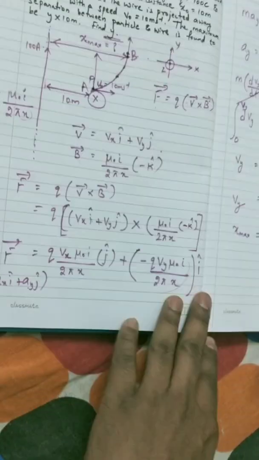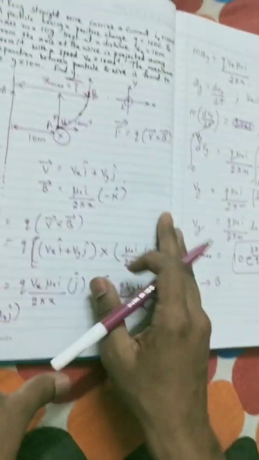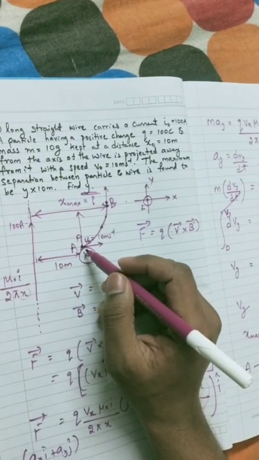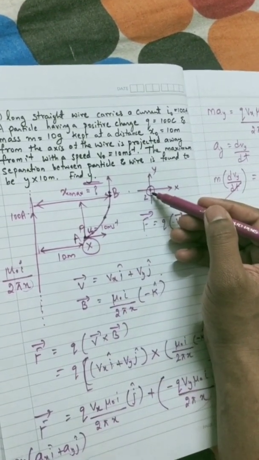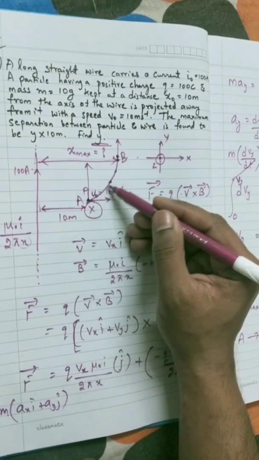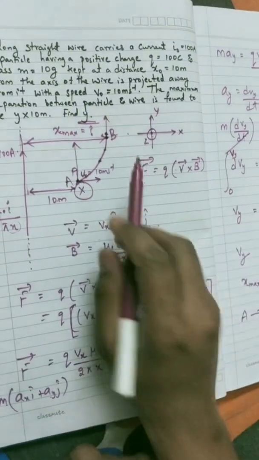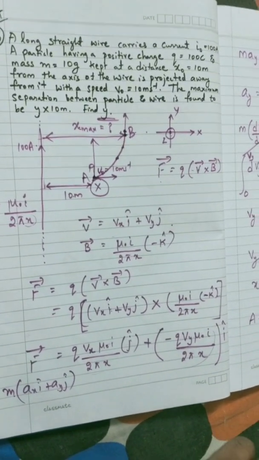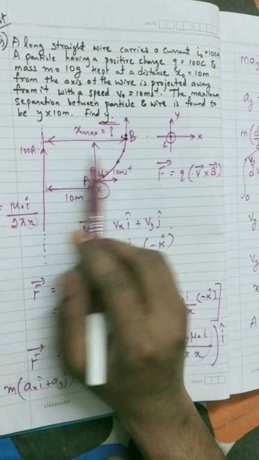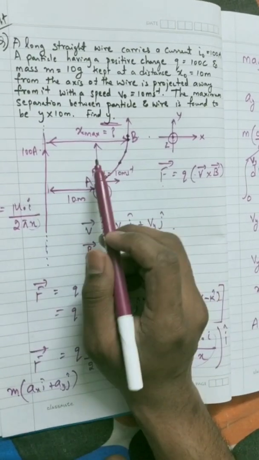So in the journey from A to B, what are the forces acting? One is the gravitational force acting downwards, that is in negative z direction. At every point in its path, the gravitational force is perpendicular to the direction of motion, so the work done by gravitational force is 0. What is one more force that is acting? The magnetic force, because this is a charge moving in the presence of a magnetic field.